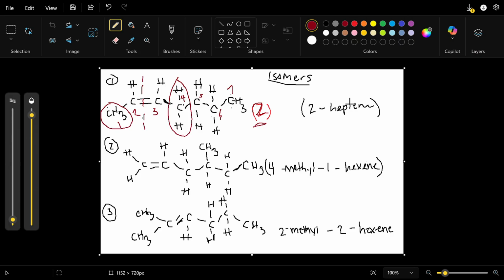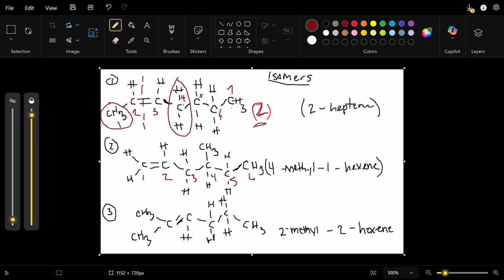For the next part, I started from left to right, 1, 2, 3, 4, 5, 6. The longest chain consists of 6 carbons, so I call it hexene. At the 4th carbon, there is a methyl group, so I named it 4-methyl-1-hexene.